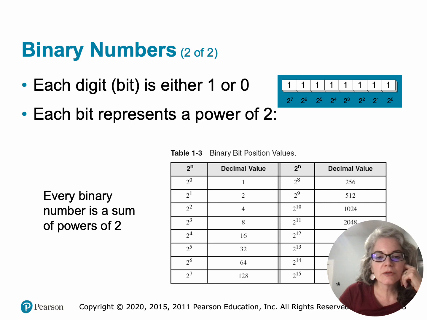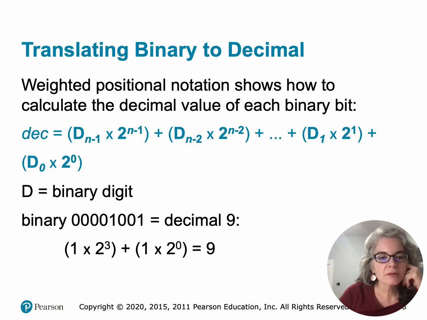Let's go to this slide. How do we translate a binary number to decimal? All we're going to do is look at each bit, convert each bit to a decimal number, and then add those decimal numbers. Here's an example. We have 0, 0, 0, 0.